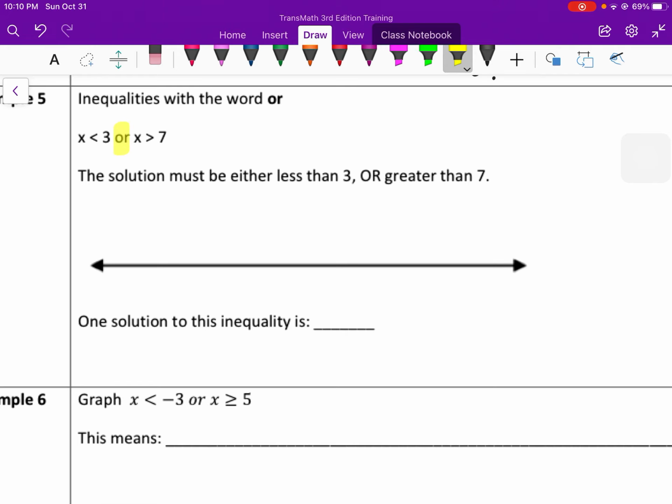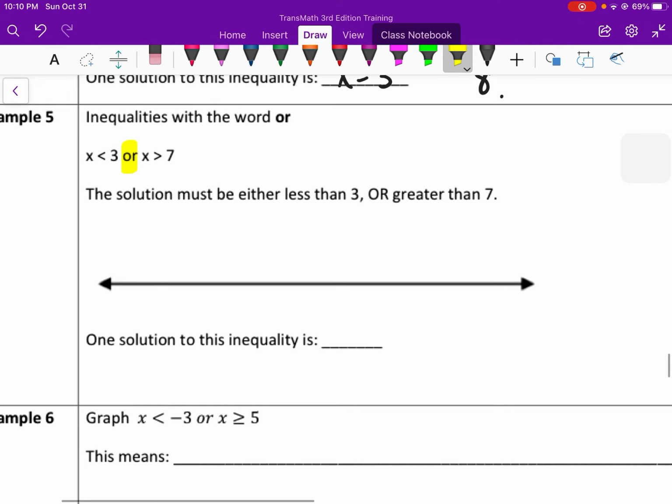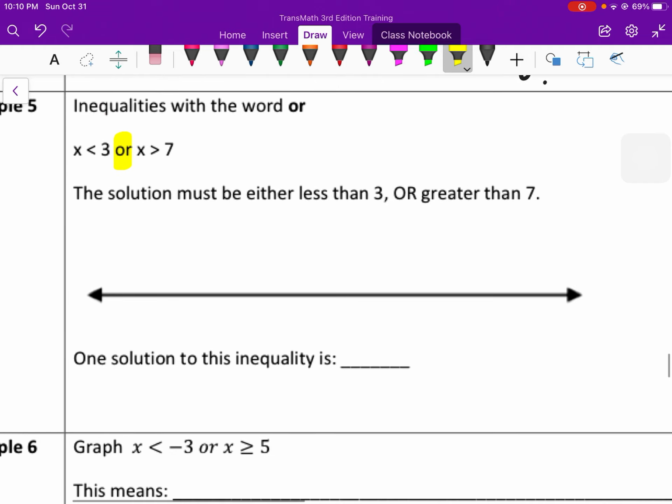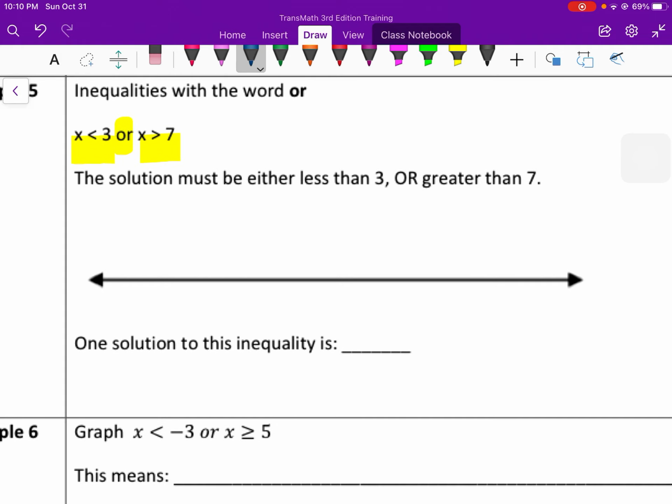Then we have an or inequality. So this is where it specifically has the word or in between. So this statement says the solution must be less than 3 or it must be greater than 7. So that's going to look like this. Let's see, we'll start at 0.